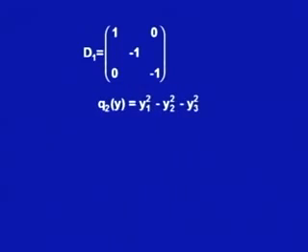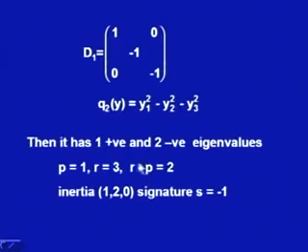Accordingly, Q2y comes out to be y1 square minus y2 square minus y3 square. So these are two negative eigenvalues. So it is minus y2 square minus y3 square, and since it has one positive eigenvalue and two negative eigenvalues, we can say P is equal to 1. Rank of this matrix is 3.